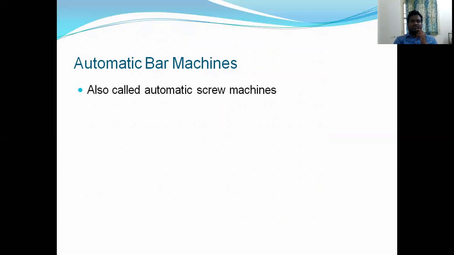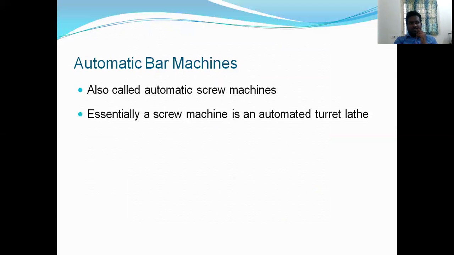Automatic bar machines, the second one, is also one of the types of automatic lathe machine. It is also called an automatic screw machine. Essentially, a screw machine is an automated turret lathe.